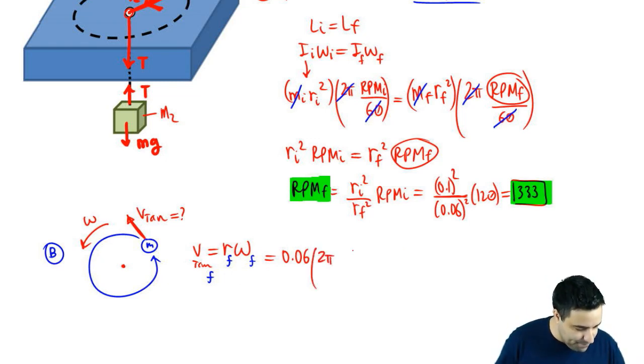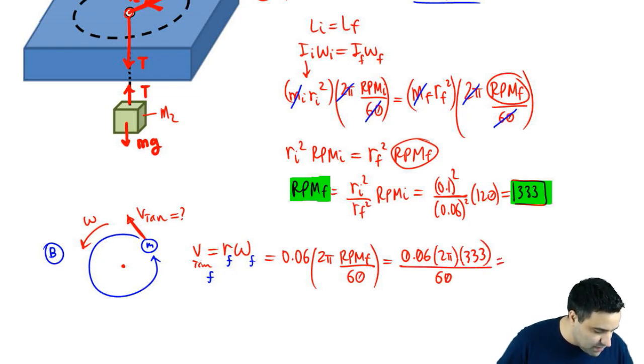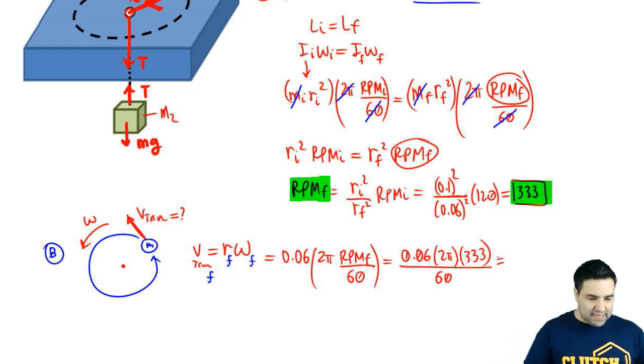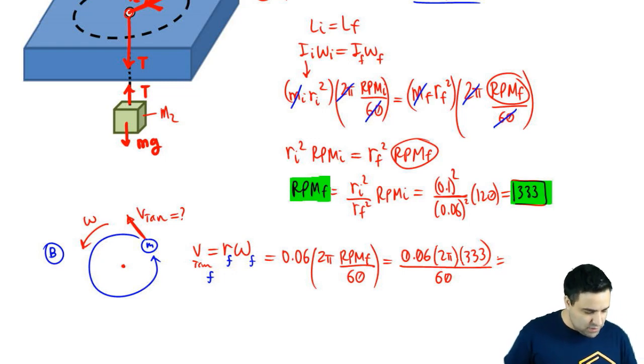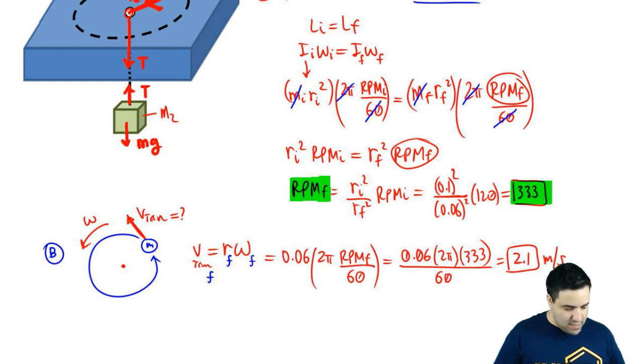So it's going to be 2 pi RPM final divided by 60. So this is 0.06 times 2 pi times RPM final, which is 333, and this whole thing divided by 60. And if you multiply all of this, I got it here, you get 2.1 meters per second. 2.1 meters per second. That's part B.